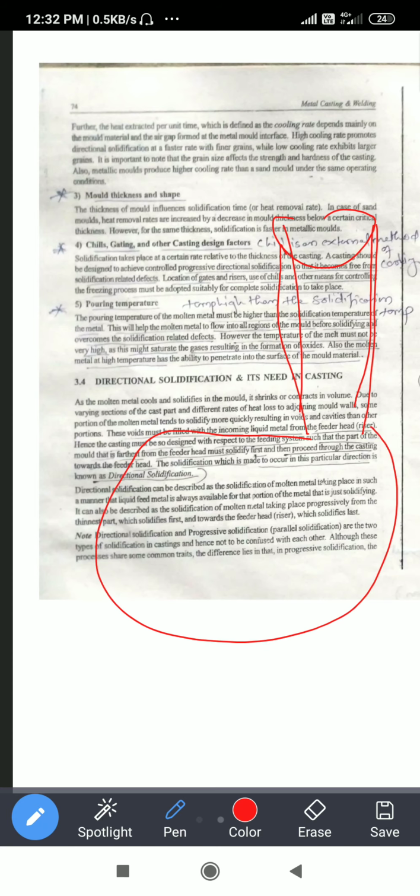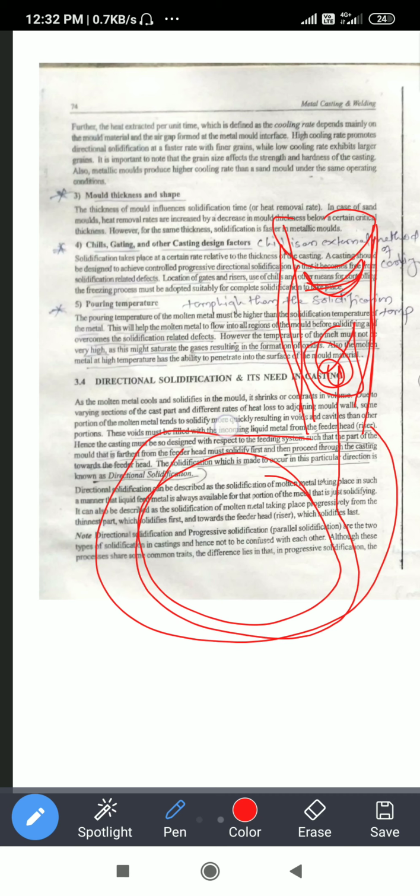The riser should be designed in such a way that the head of the riser solidifies first and the inside molten metal solidifies last, because this liquid is continuously supplied to the casting cavity, which is solidifying continuously, so that shrinkage defects can be avoided.